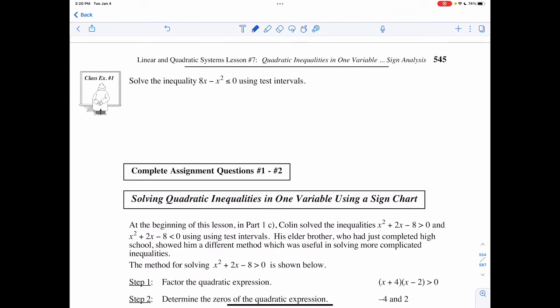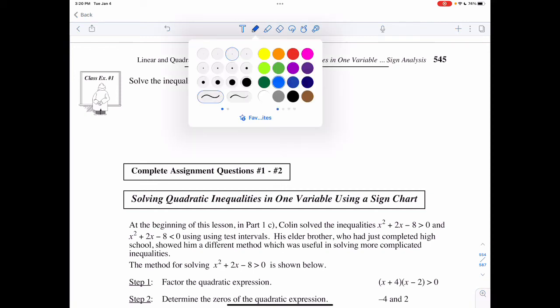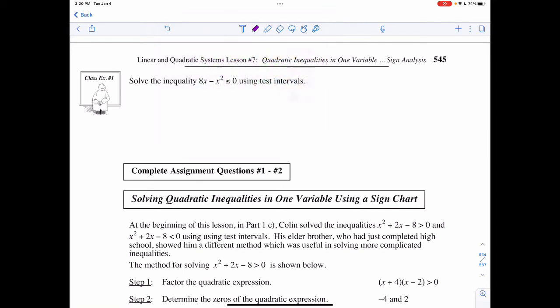If I'm solving the inequality 8x minus x squared is less than or equal to 0, I'm going to start the same way. I'm going to state that 8x minus x squared is equal to 0.